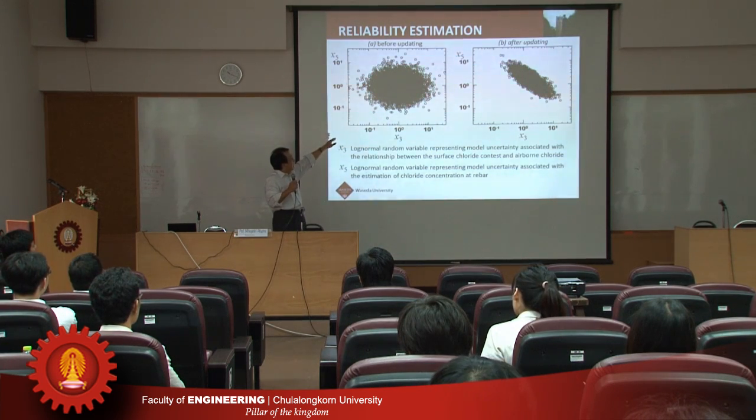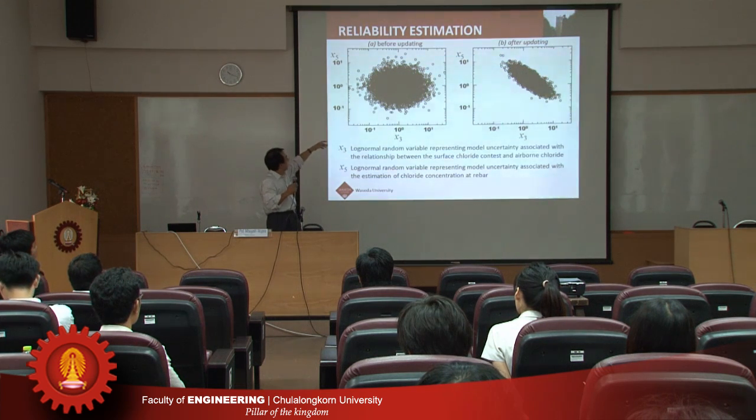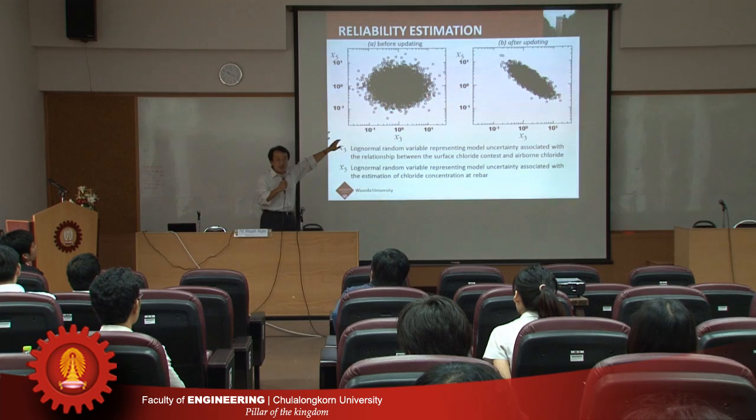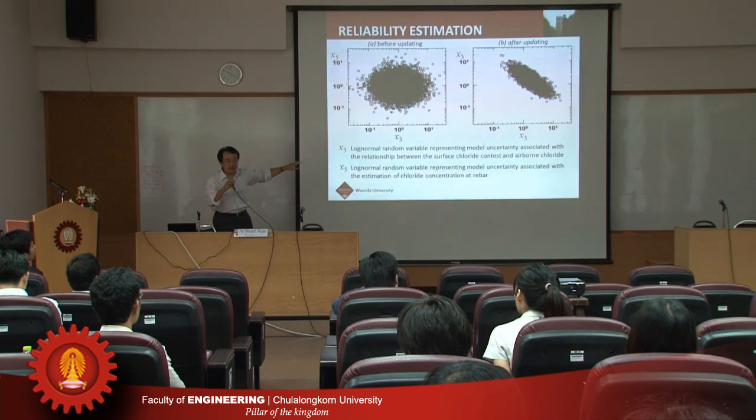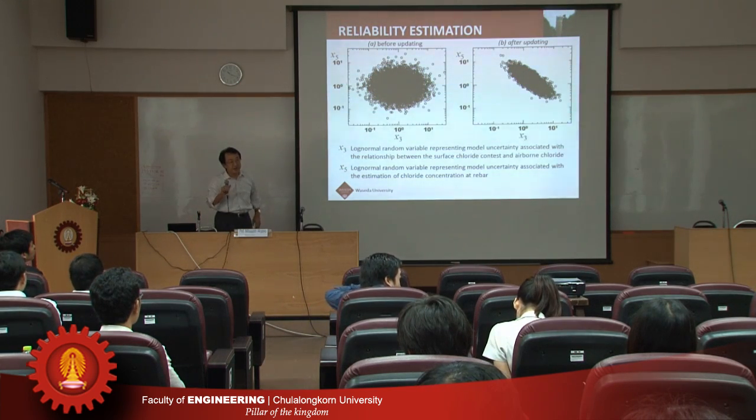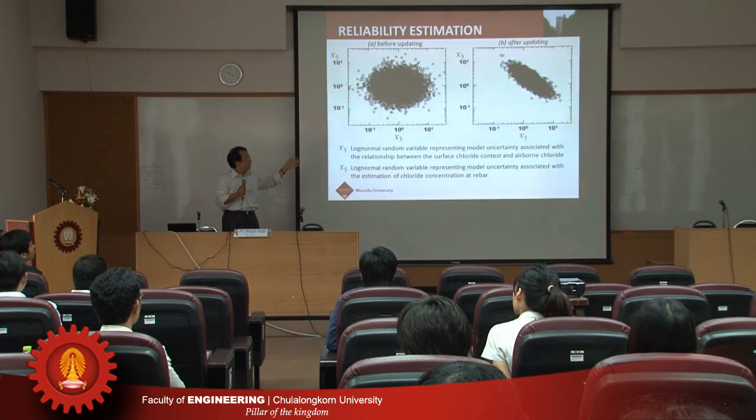So when we update random variables, we update each sample based on Bayesian theory. As a result, the mean value, standard deviation, and probability density function distribution are changed.